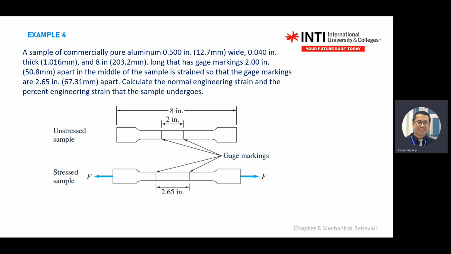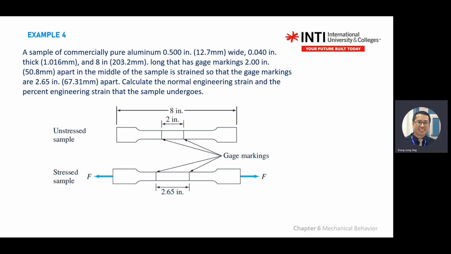If you see the word gauge length in the question, this means original length. The gauge length, the word here is to give you calculation for strain. What is strain? Change of length divided by original length. You need to use the gauge length to find strain. So calculate the normal engineering strain and the percentage of engineering strain that the sample undergo.